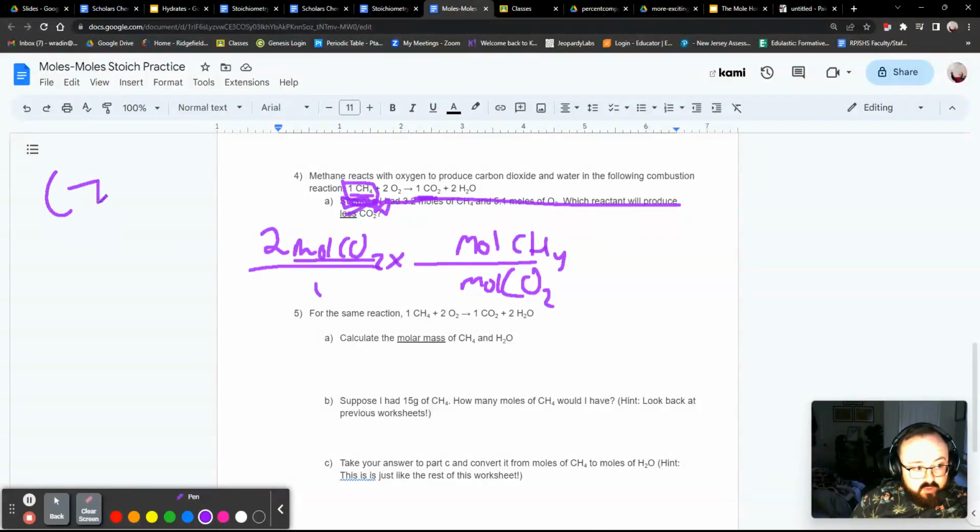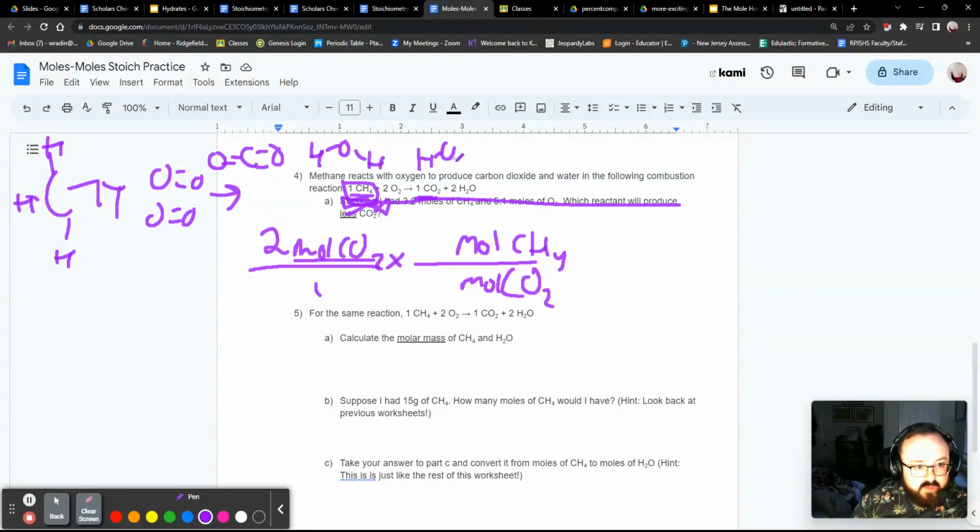So when I visually draw this reaction, the amount of CO2 that I have is going to be equal to the amount. Notice not mass, the amount. The amount of molecules, the count. If I have 1 molecule of CO2, I will have 1 molecule of methane.